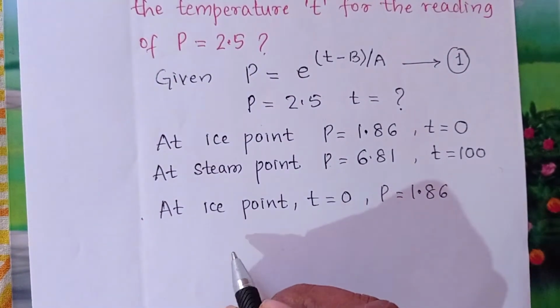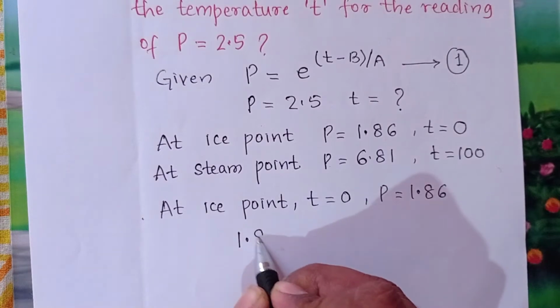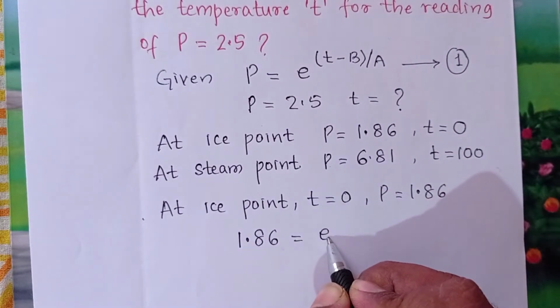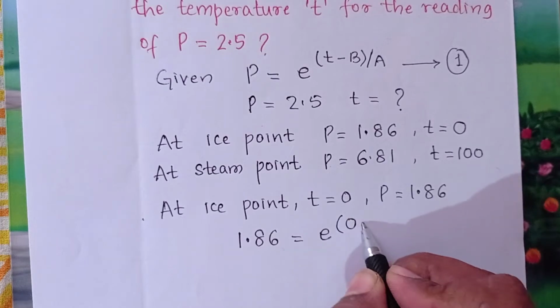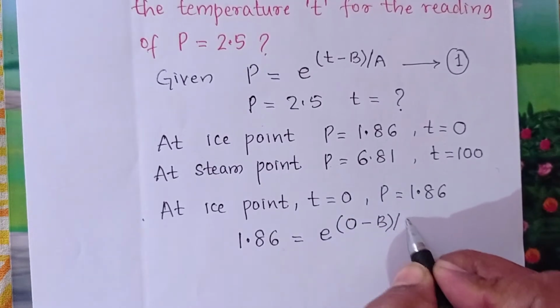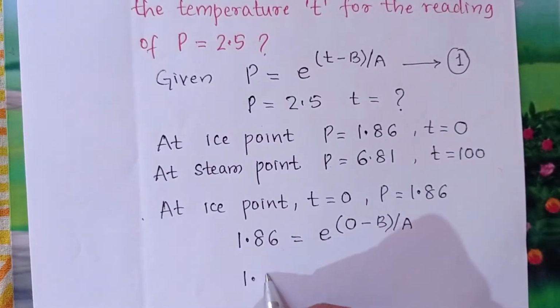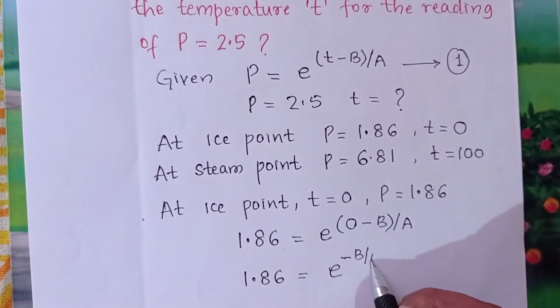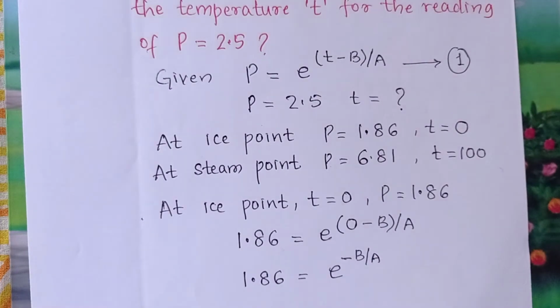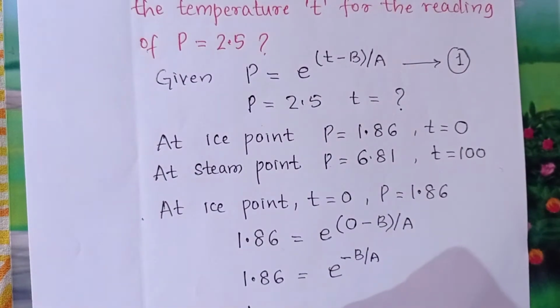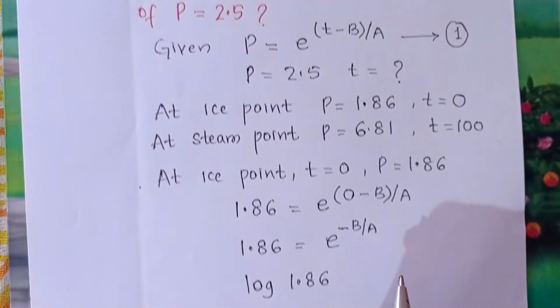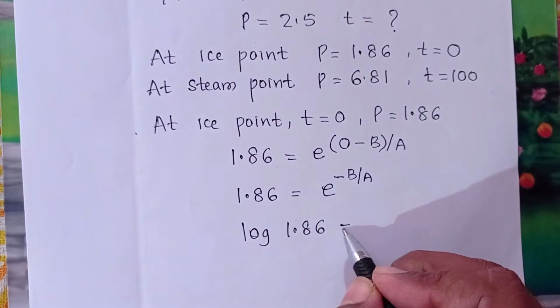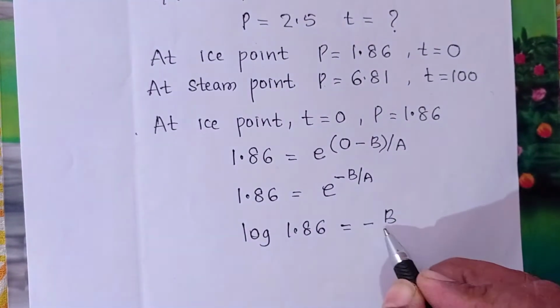That is, P will be equal to 1.86, e to the power 0 minus B by A. So what do I get? 1.86 will be equal to e to the power minus B by A. So if I take log on both the sides, what do I get? Log of 1.86 will be equal to minus B by A.